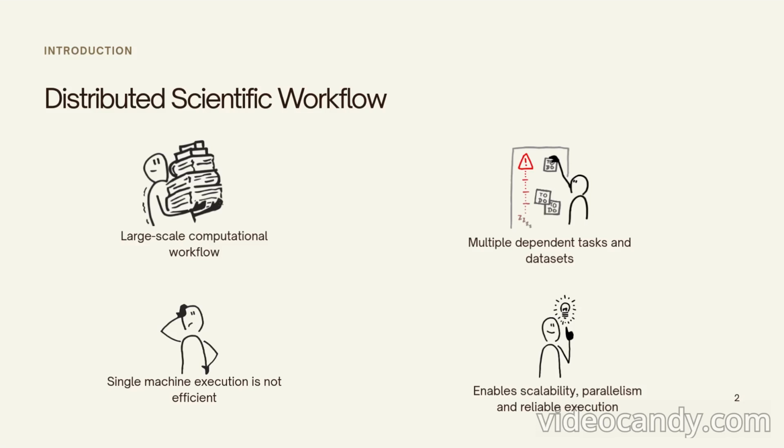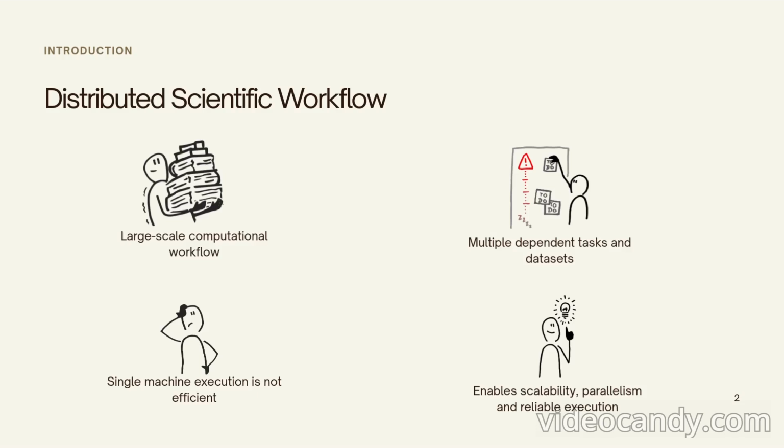This project focuses on the execution of scientific workflows, which are commonly used in modern research to process large datasets through multiple dependent tasks. As scientific experiments continue to grow in complexity and scale, running these workflows on a single machine becomes inefficient and often impractical.